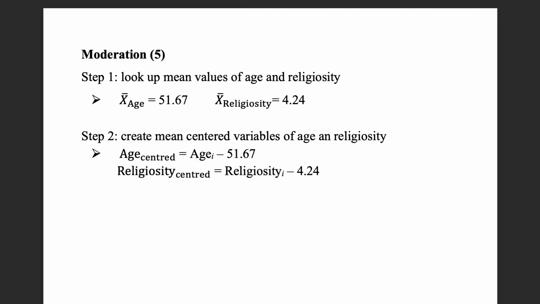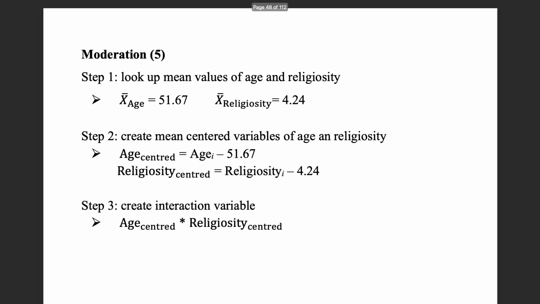For the mean-centered version of age, I calculate the observed age for each respondent minus the average age of 51.67. And for the mean-centered version of religiosity, I take the observed religiosity on the original scale for each person, minus the mean value of 4.24. So that would be the values of my mean-centered age and religiosity variables.